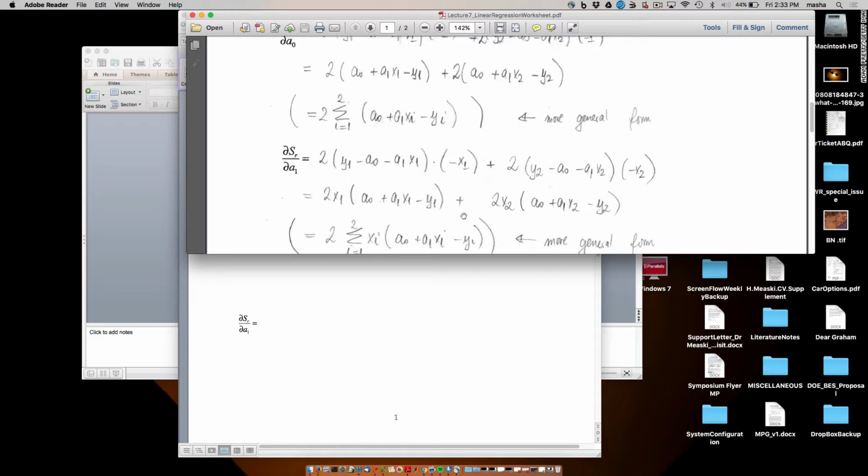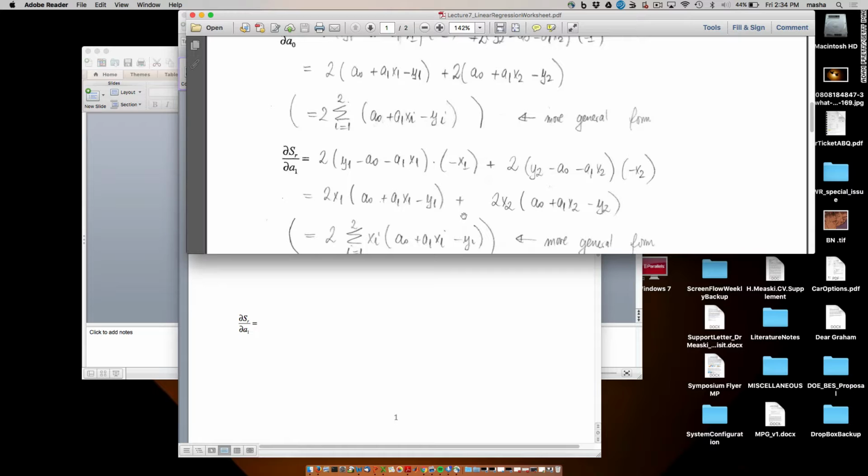Why are we setting them to 0? Because that's the rule to have a minimum. The partial derivatives of a multivariable function have to be 0 in order to have a minimum. It's not a sufficient, but it's a necessary condition. Even if you had f of x, at a minimum the derivative f prime of x is 0.